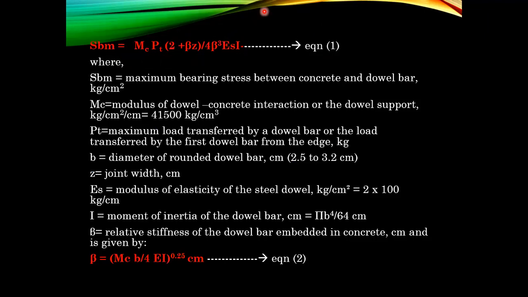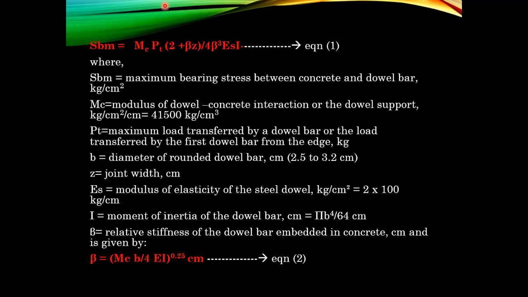Because in previous years, when we were studying our MTech or in our engineering, we needed to design for 3 to 4 pages. But for your syllabus they have made this equation very simple. This is the new equation which we haven't studied. Just a simple equation, you need to substitute in this equation. If this equation was not provided, you would need to design these dowel bars for 3 to 4 pages, but they have made the equation very simple.